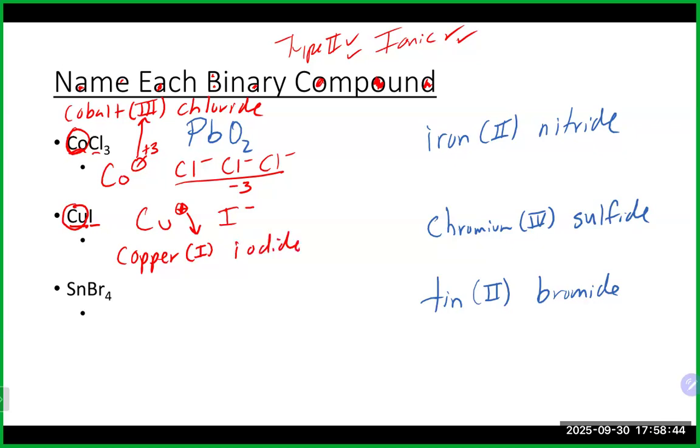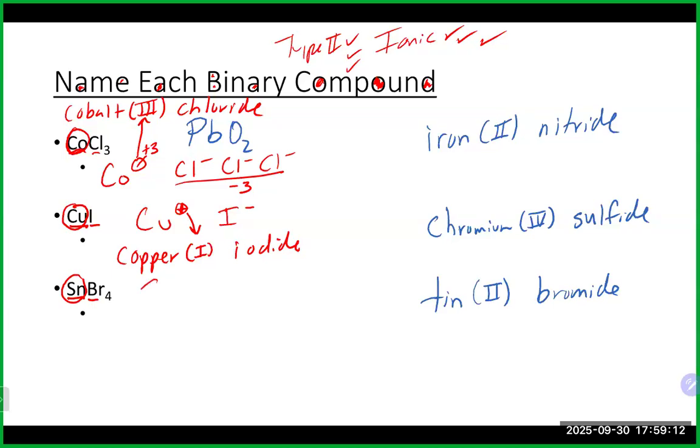Coming to our bottom one here, Sn is tin, which is a metal. Br is bromine, which is a nonmetal, so that's ionic. Tin is what we want to look at. Tin is not a transition metal, but it is one of those elements just to the right of it, underneath the staircase, that also has a variable charge. So it falls under the type 2 category.